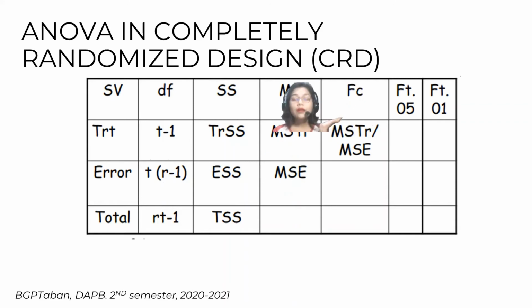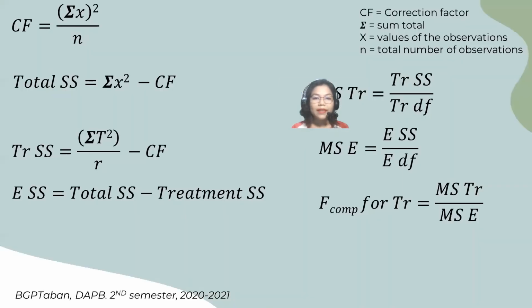To have our computed F value, we divide the mean square of the treatment by the mean square of the error, or MSTR over MSE. So, class, this is all easy if you know the sequence: TET, and you know how to solve it. Also TRSS, ESS, TSS, MSTR, MSE, you get our computed F.